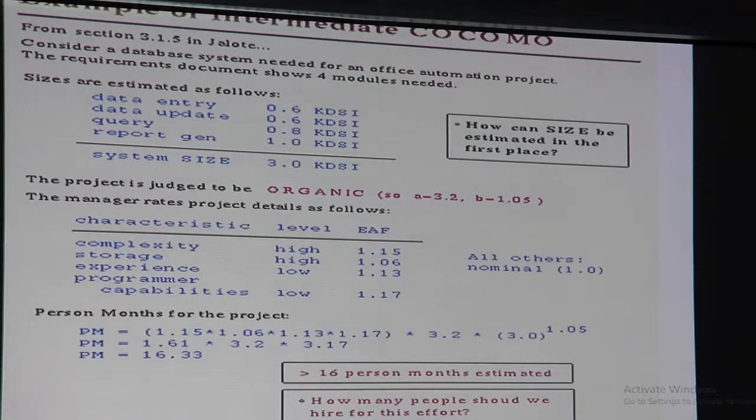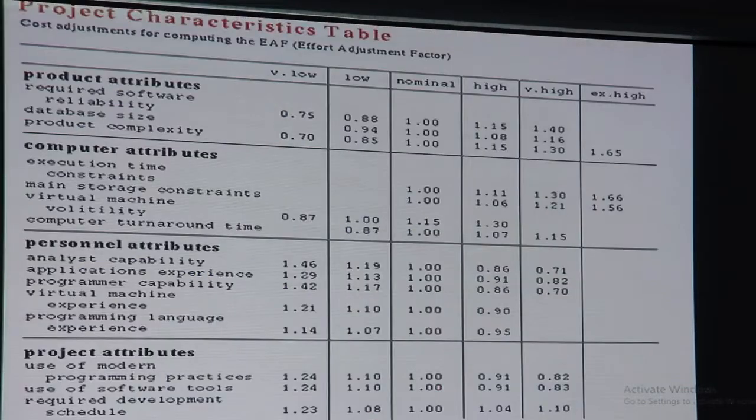If you search the table, you will immediately find them. In product attributes, required software reliability, if you see high, that line gives 1.15. In the very first line, in the fourth column, for required software reliability it is 1.15.